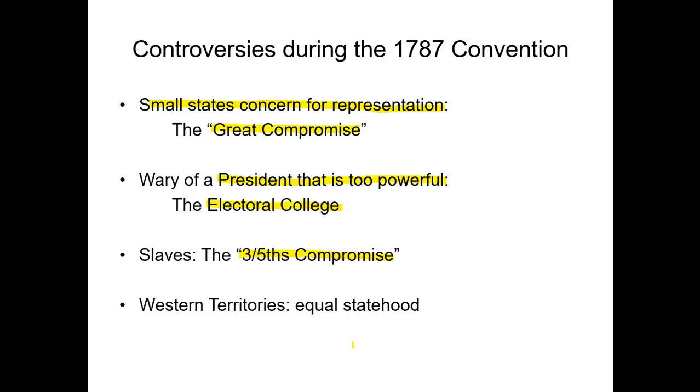But again, that was a compromise in order to get the states together. Now, we did have a problem with slavery for several decades after that, which resulted in the Civil War that we'll touch on later. But this is what compromises do. They had to come together with something that would keep the states intact. Otherwise, we might not be here.